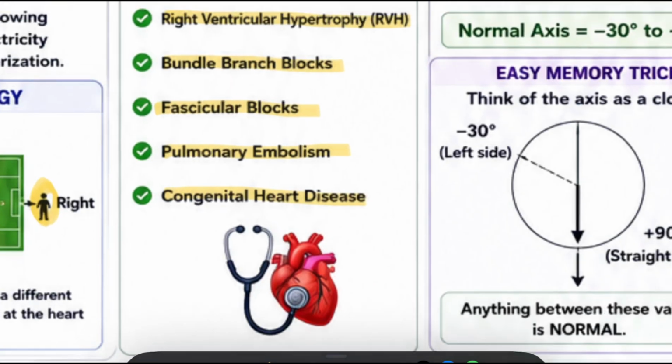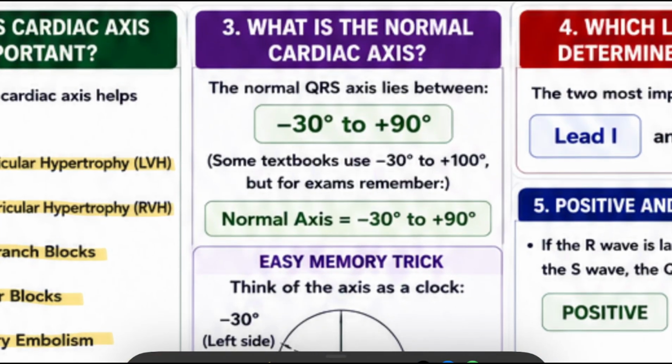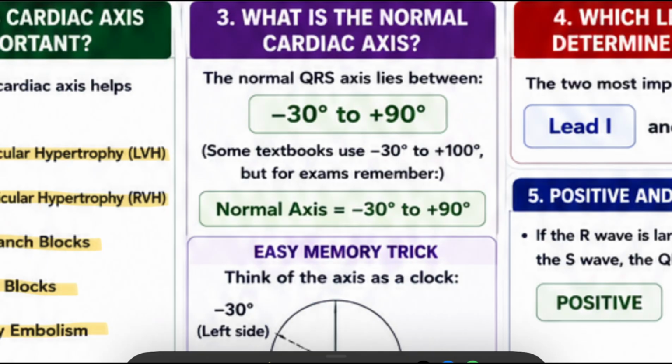So what is the normal cardiac axis? We can see here, in normal ECG, the QRS axis lies between minus 30 degrees to positive 90 degrees. Some textbooks use minus 30 degrees to plus 100 degrees also, but for exams remember always normal axis will be like minus 30 degrees to plus 90 degrees.